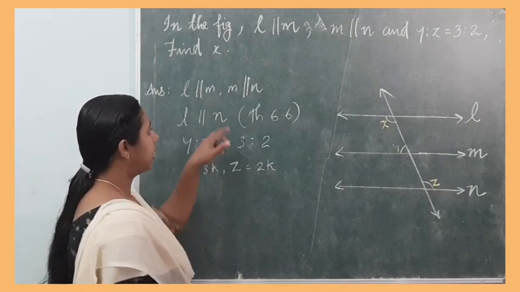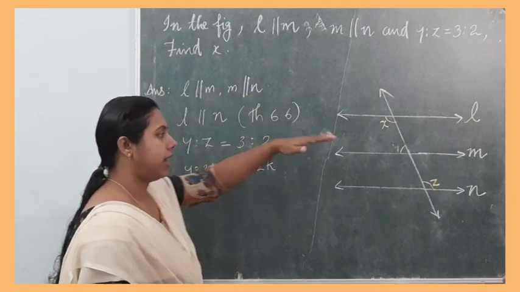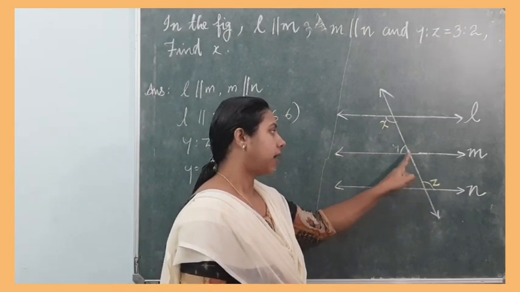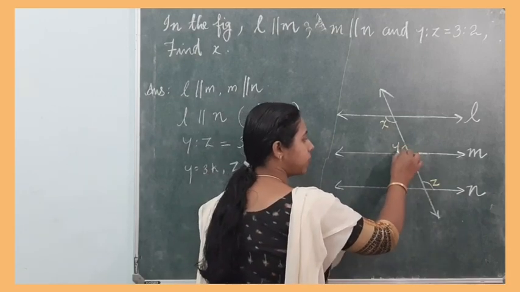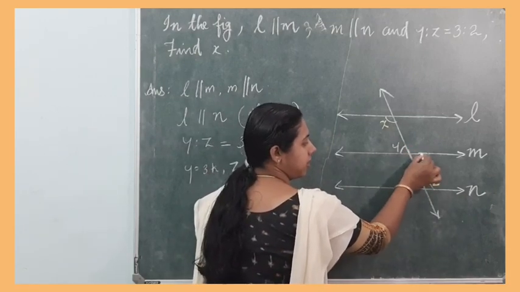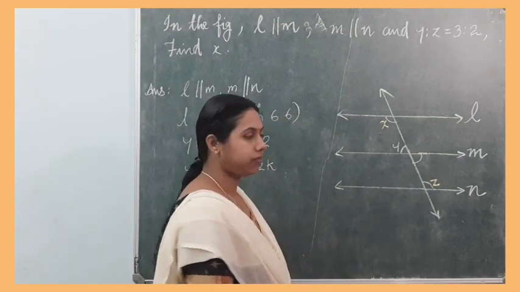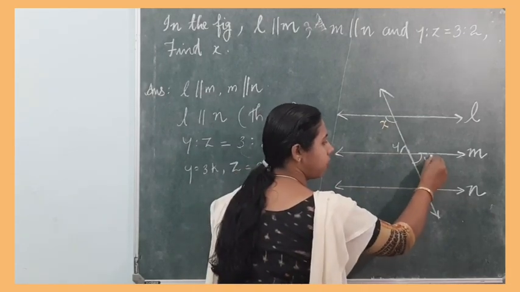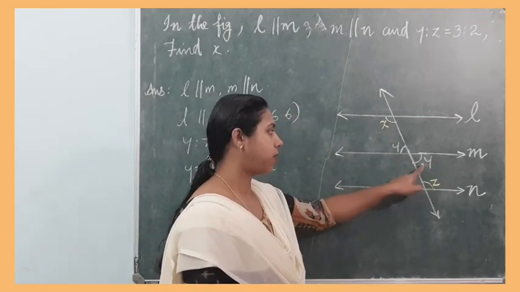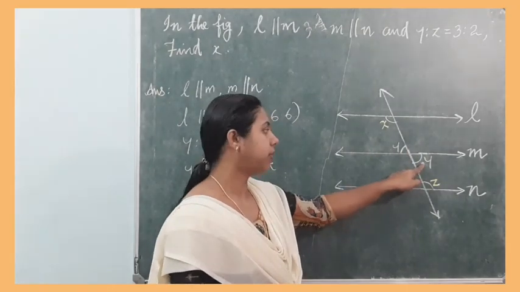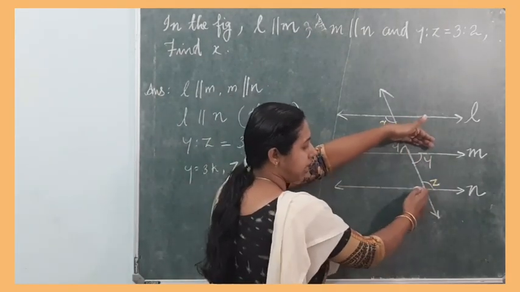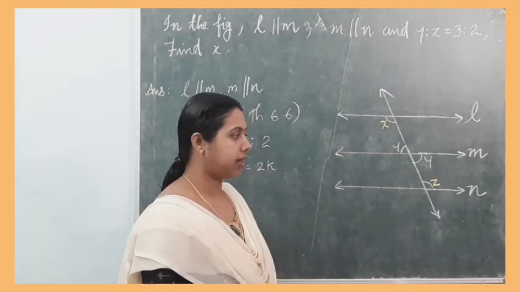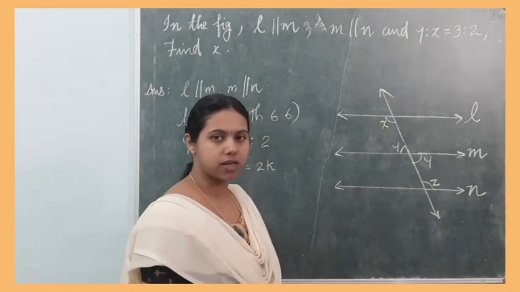Now it's given that M is parallel to N. So this is a transversal. And we know that this angle is Y. So what about this angle? They are vertically opposite, so this is also Y degrees. Now these two lines are parallel, therefore the sum of these two angles is equal to 180 degrees. They are interior angles on the same side of the transversal.